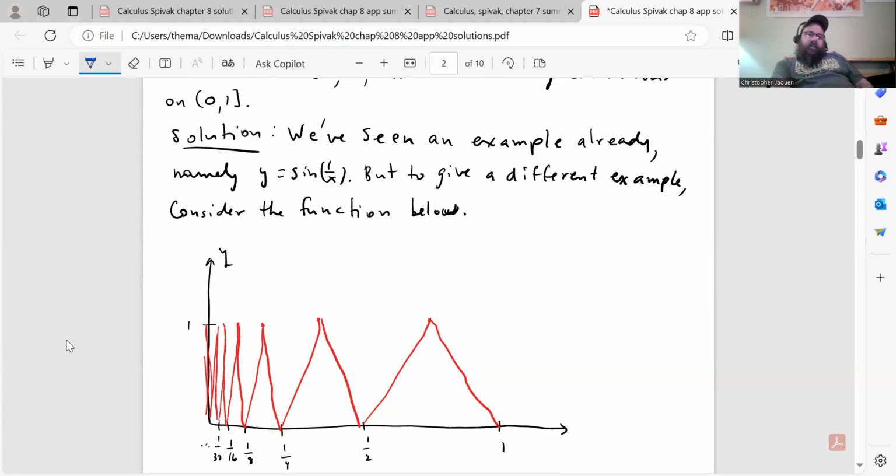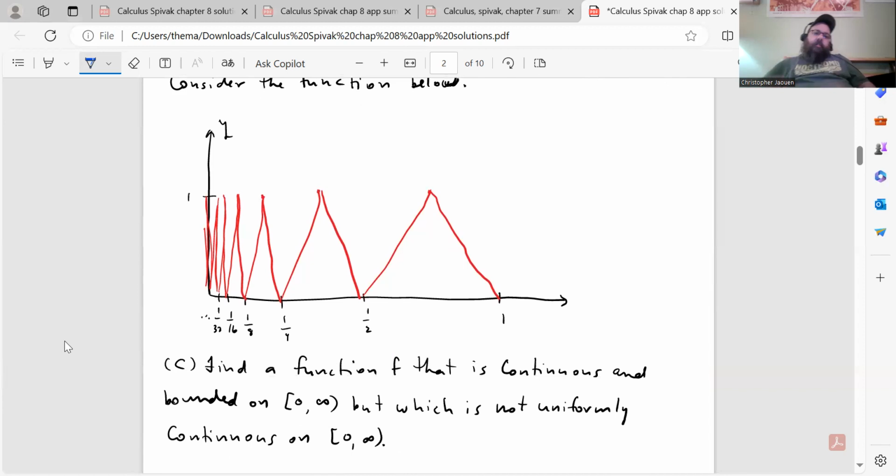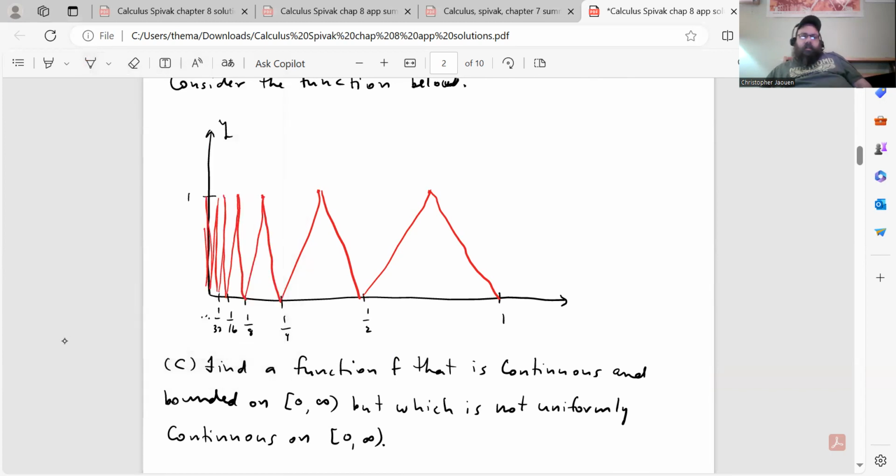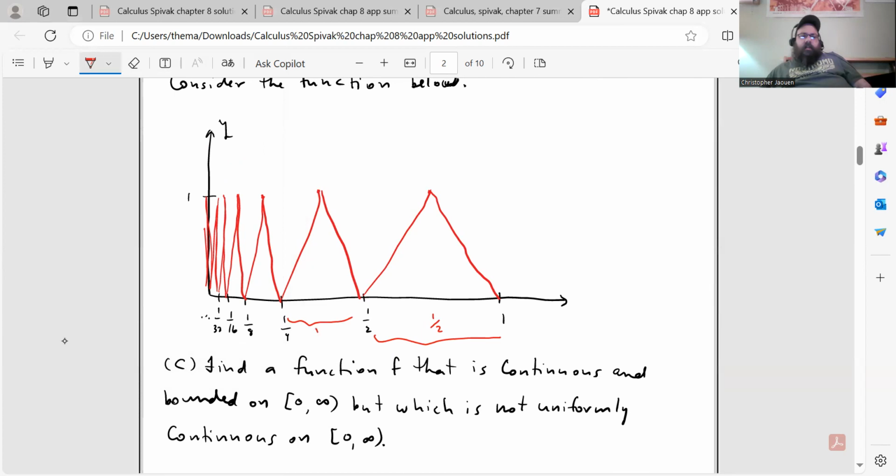So here I drew a function that would not be uniformly continuous on that interval. It's just so it's clear what this function is doing as you get closer to 0. Notice that the width here is a half, then the width here is a quarter, and the widths keep getting halved and halved.